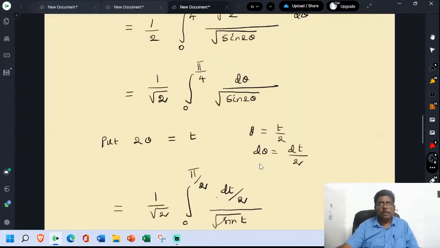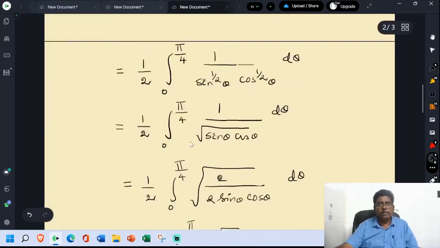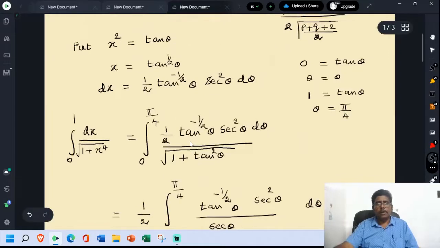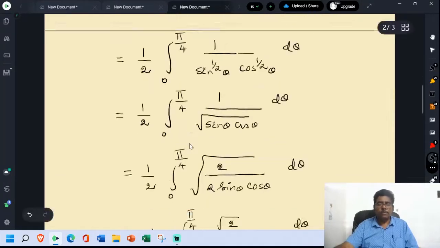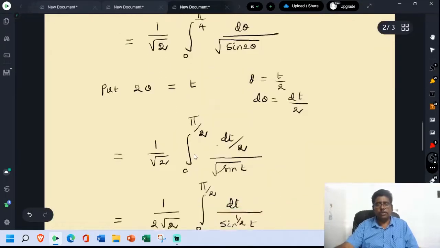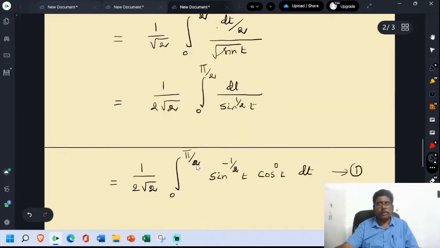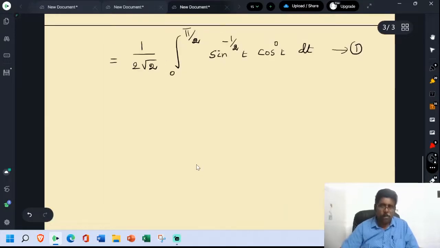See, the left hand side is dx by root of 1 plus x power 4. Here, integral limit varying from 0 to 1 dx by root of 1 plus x power 4 is this much.